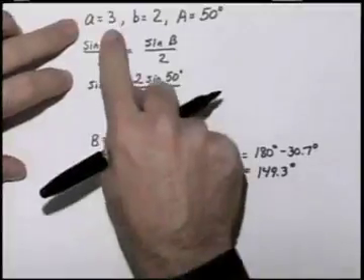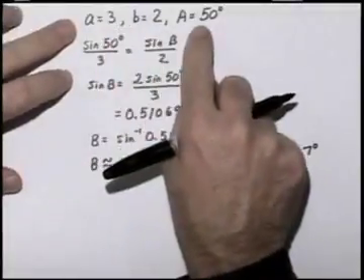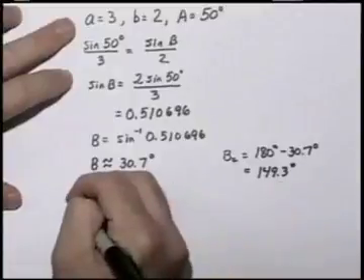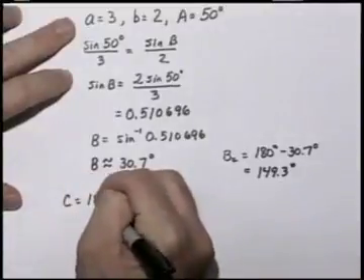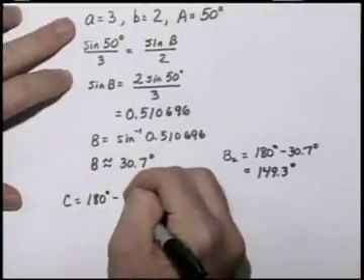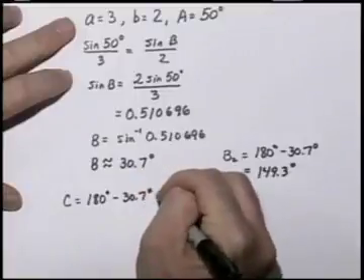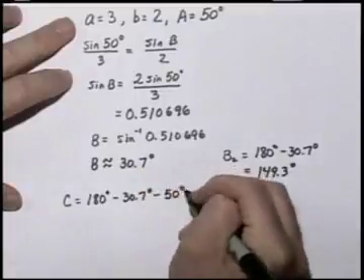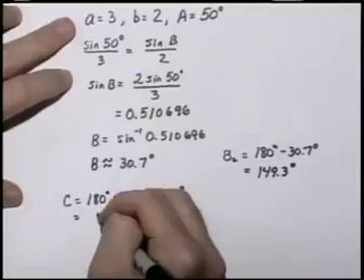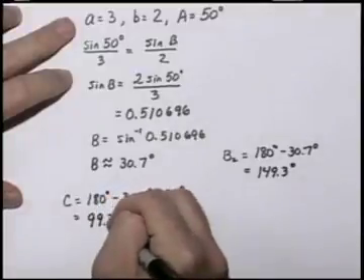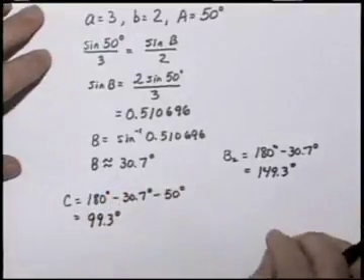I know the length A, the length B, and angle A. I can find angle C by taking 180 degrees minus 30.7 degrees minus 50 degrees, and I get that the measure of angle C is about 99.3 degrees.